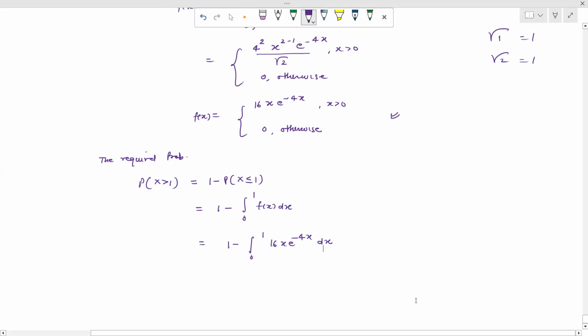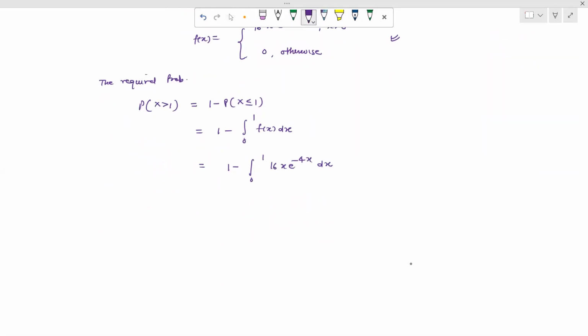Now we integrate this. So 1 minus 16 we take outside the integration, 0 to 1 of x e raised to the power minus 4x dx. So again we use integration by parts.